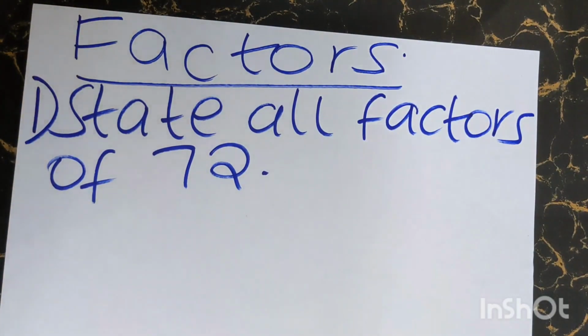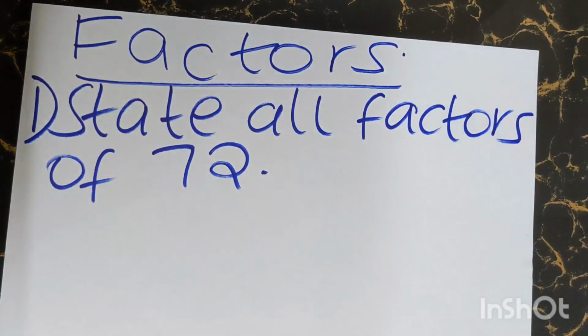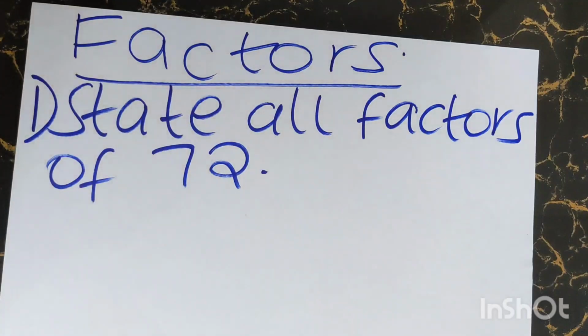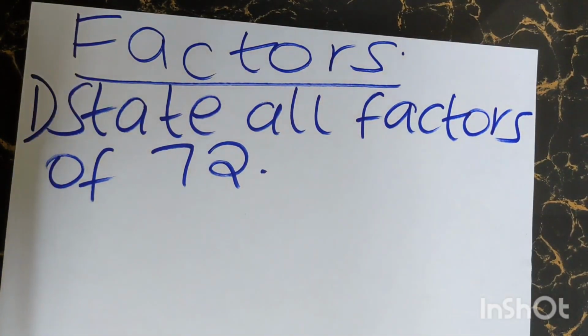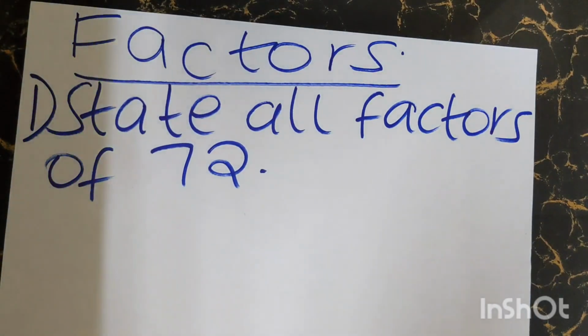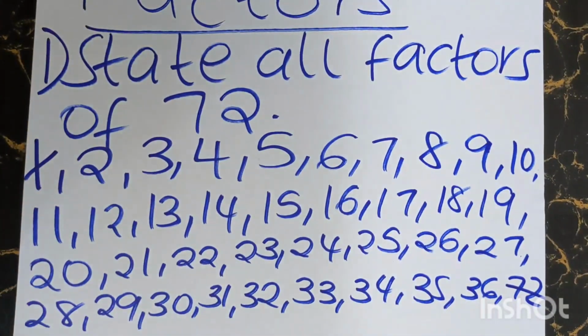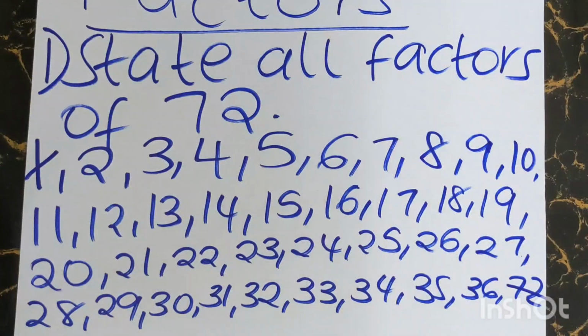Of course, we've already established that 1 is a factor of 72 because 1 times 72 is 72. So let's look at the other numbers, okay? Let's write all the numbers between 1 and 36 so that we can easily tick the factors of 72. Is 72 divisible by 2?